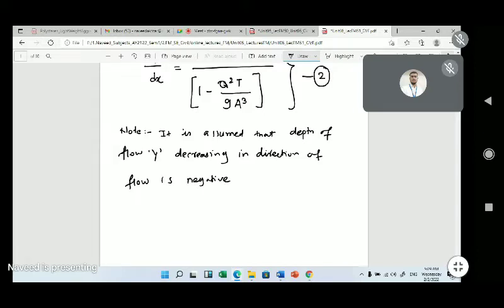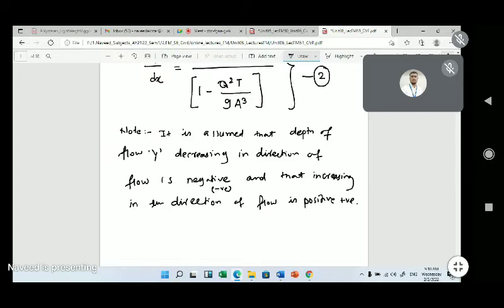If the depth of flow is decreasing in the direction of flow, it is negative, and if the depth of flow is increasing in the direction of flow, that is considered positive. So this positive and negative is because of increasing and decreasing values of depth in case of your open channel.